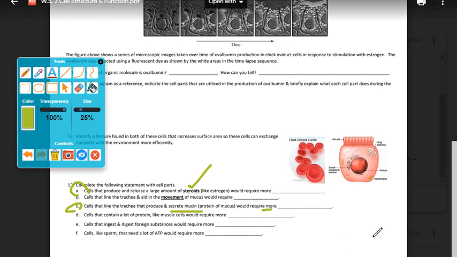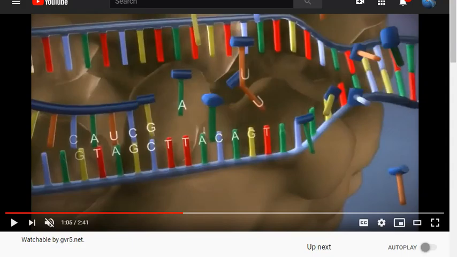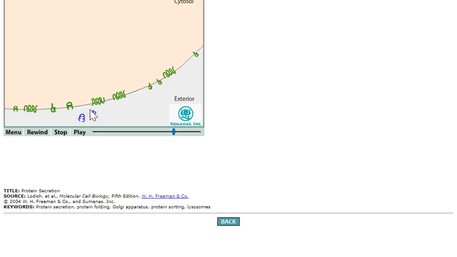So to make a protein and release it like mucin, like adrenaline, like insulin, okay? So going back to that one that I just showed you right here, that blue thing, that is a protein hormone. That could be adrenaline. That could be estrogen. That could be oxytocin. That could be prolactin, okay?